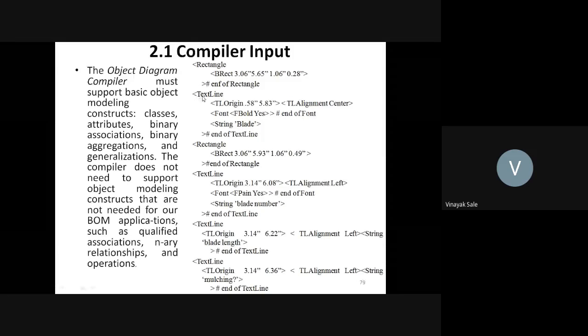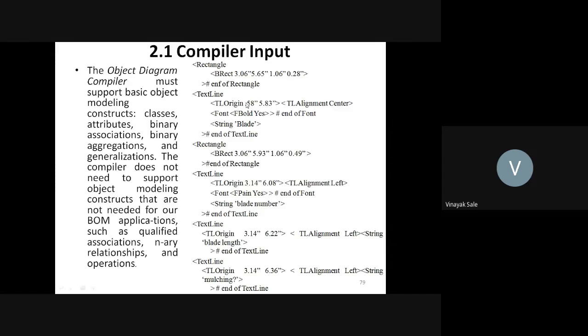This is the start of the class. To write a text line, it has its origin, TL origin, that is the text line origin, a point at 5.8 inches by 5.83 inches. Then the text line must be center, left, or right justified. I have selected TL alignment center.